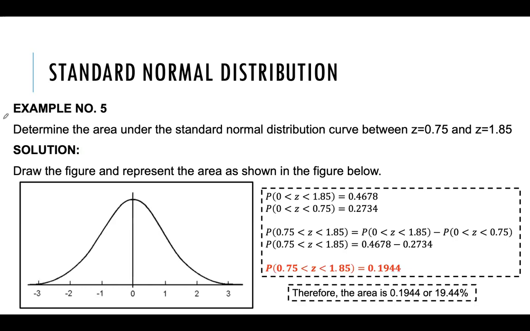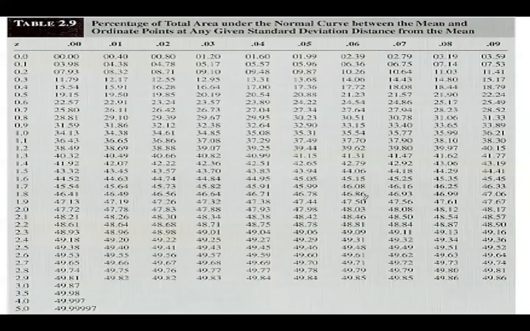Okay, so another example, determine the area under the standard normal distribution curve between the z value of 0.75 and the z value of 1.85. So, alam naman natin that the z value of 1.85 is 0.4678 based on the table 2.9. Yung 0.75, check nga natin. 0.7, tapos 0.5. 27.34.